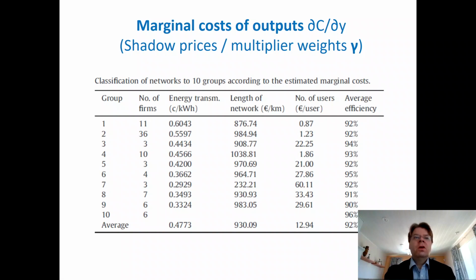That would be group number 7. Notice group number 7 includes three companies. Those are the companies located in the most densely populated areas, and there the number of users has the highest shadow price of 60 euros per user, whereas energy transmission and the network lengths have relatively low value.